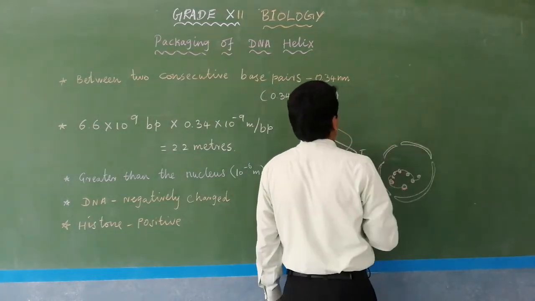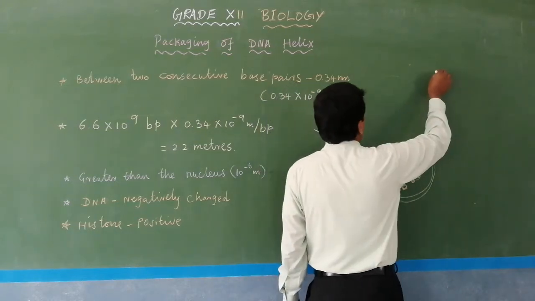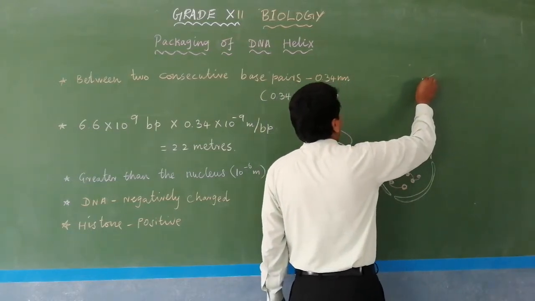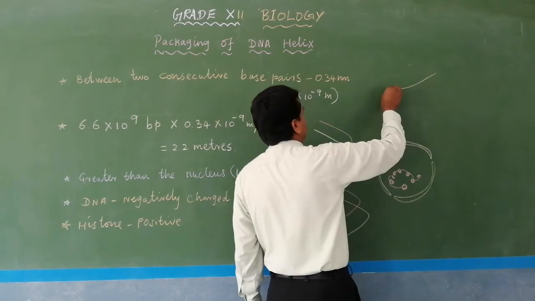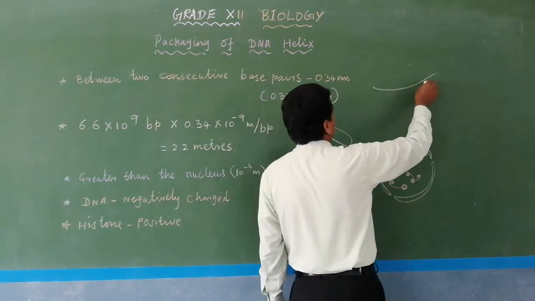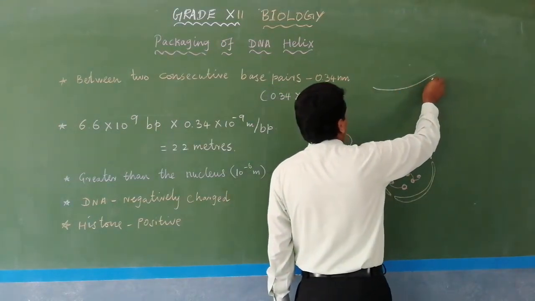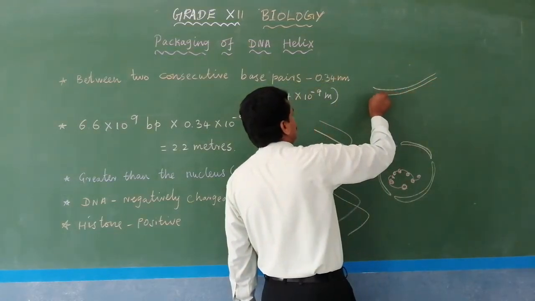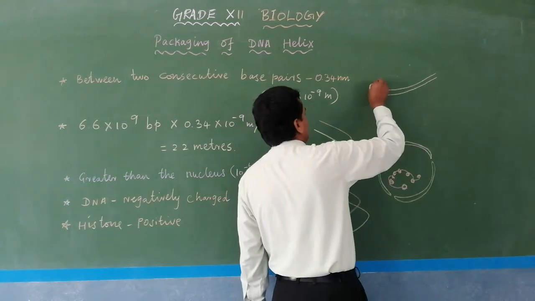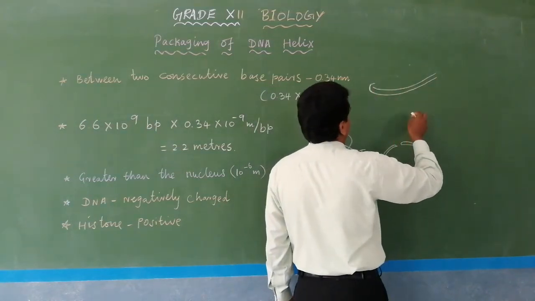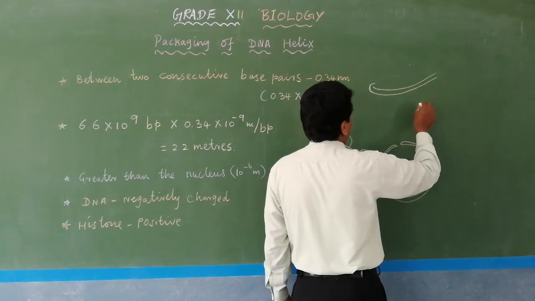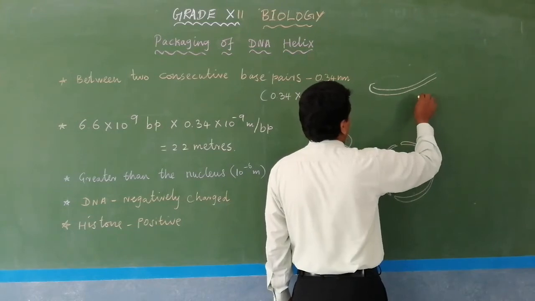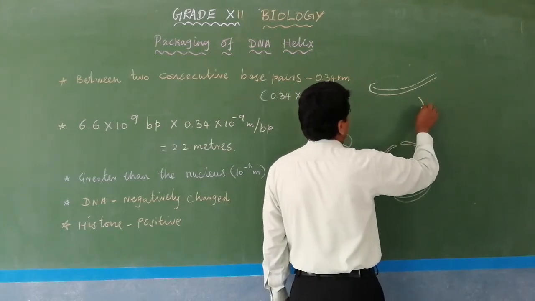This is the structure of a nucleosome. Draw it in your classwork also, because this is an important drawing for your board examination. See how I am drawing the nucleosome. A nucleosome is nothing but packaged DNA. First listen to how I am drawing.